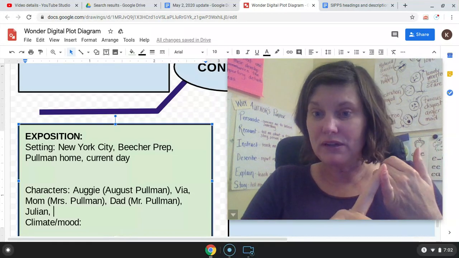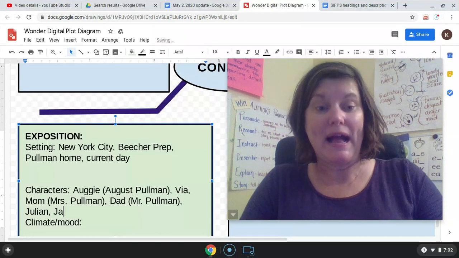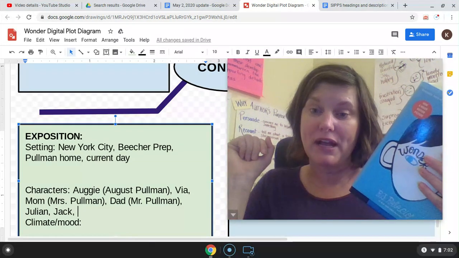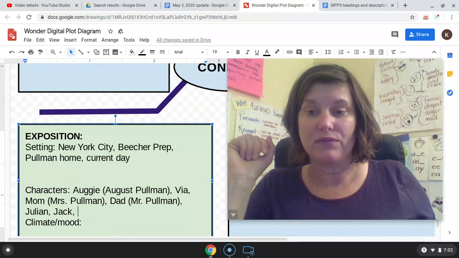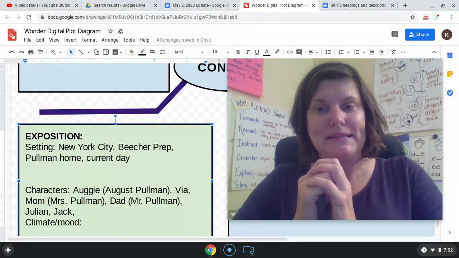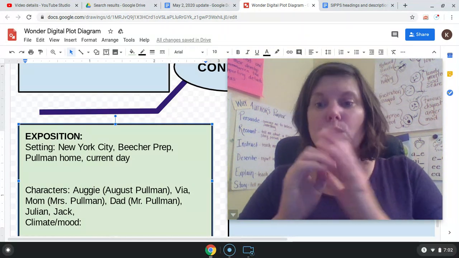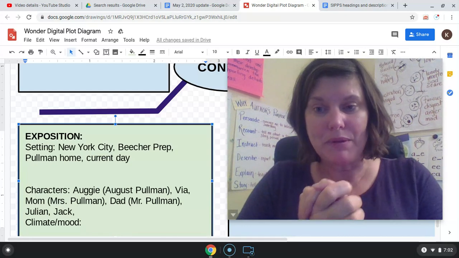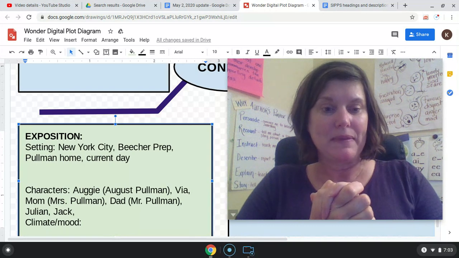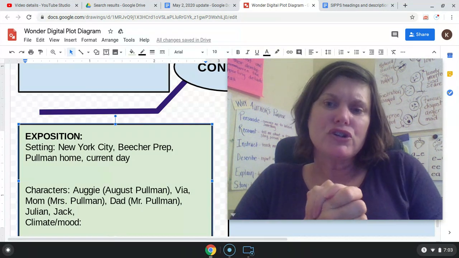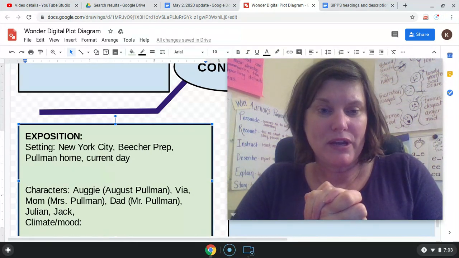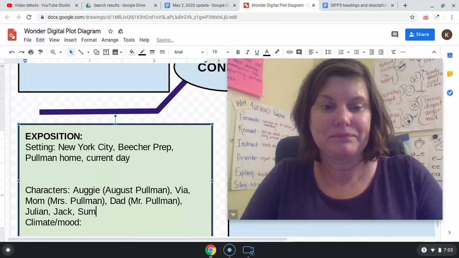So Julian is critical. Jack, who also met Augie to take him on the tour, is critical to the novel as well, because Jack became one of his good friends. We know that there was a problem between the two that then thankfully got resolved eventually. Another character who is really important, and I believe is a major character, is Summer.